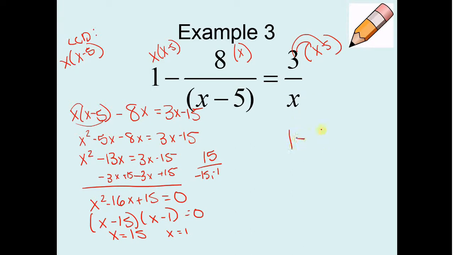So 1 minus 8 over, we're going to check 15, so 15 minus 5, that is 10, equals 3 over 15. Technically I can make this 10 over 10, right? So that would be 2 over 5, correct?